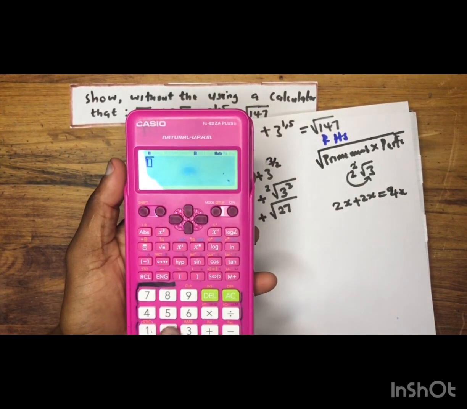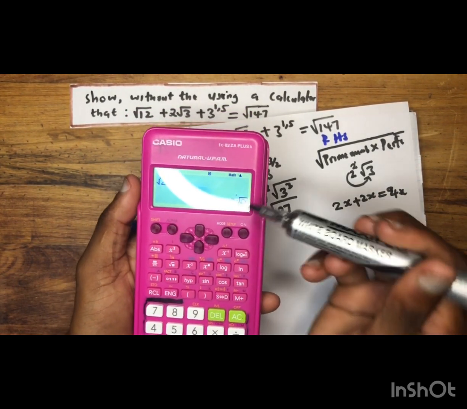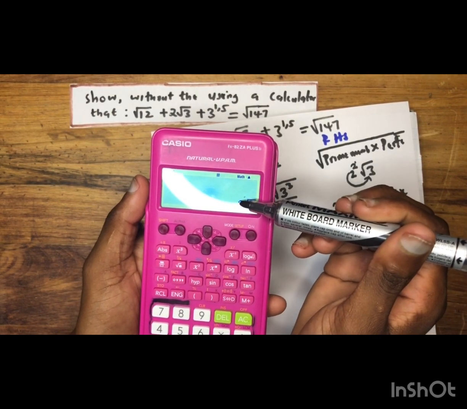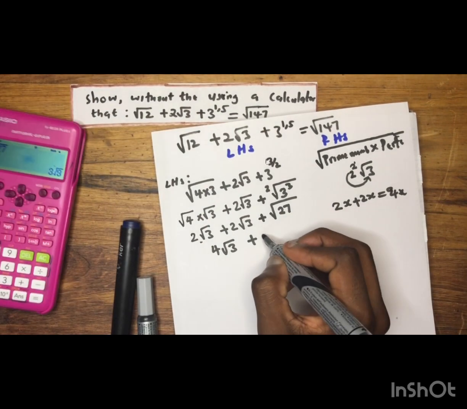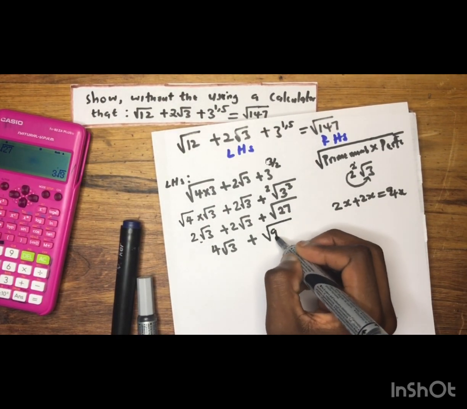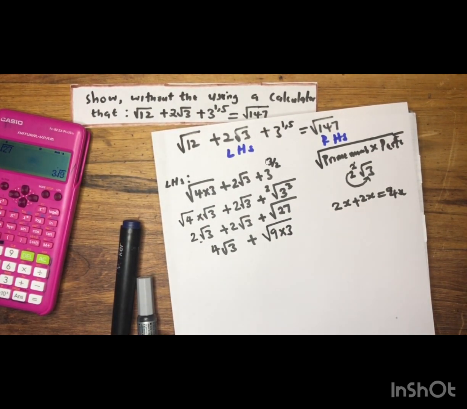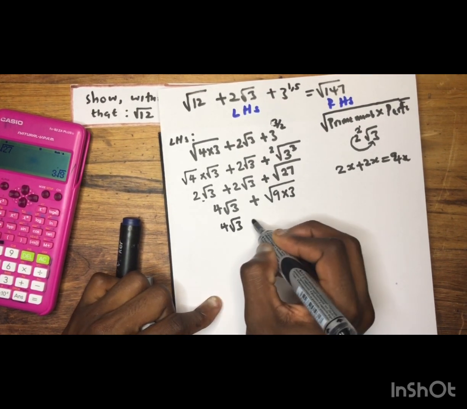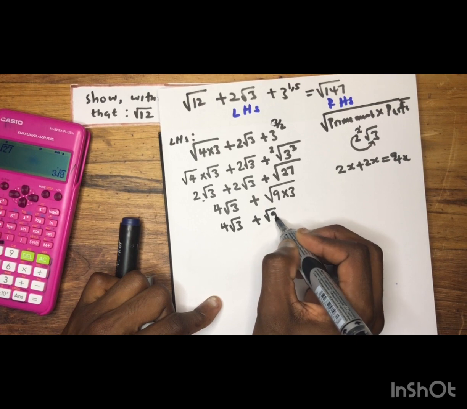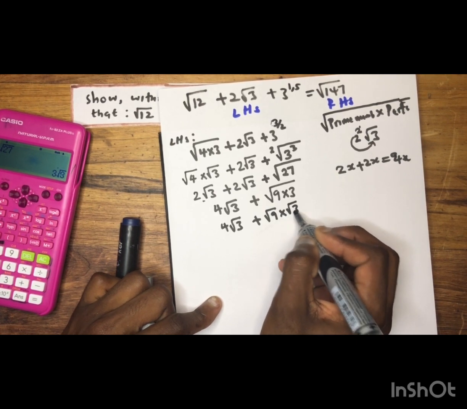You just press root 27. Can you see that 3 is outside? So you just say 3 squared, you get 9, then you push 9 inside. So it's the same as we have 9 times 3. So this is 4 root 3 plus root 9 times root 3.